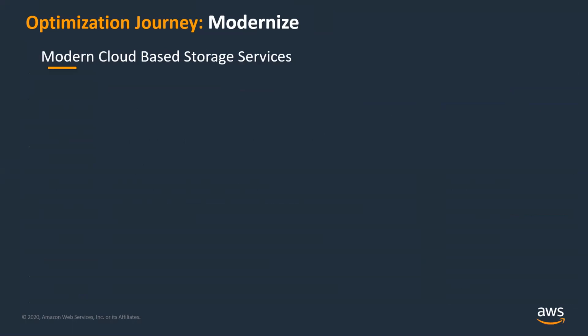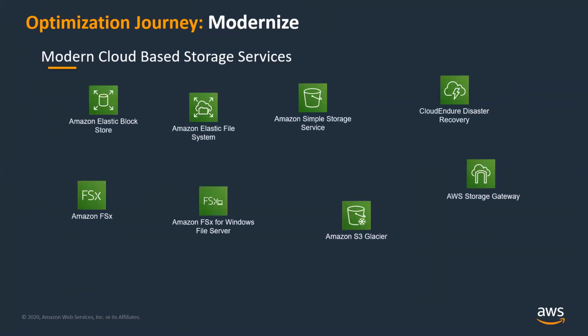And just like going for a serverless option for your application or for your databases by replacing your traditional databases with purpose-built databases, you can also take advantage of cloud native storages, right? Like S3 or Elastic Block Storage or Elastic File System or FSx storage.